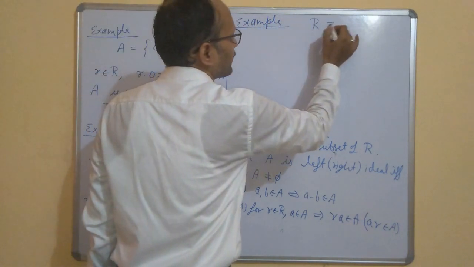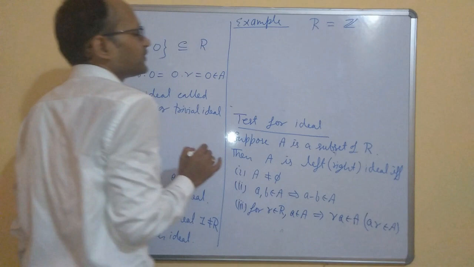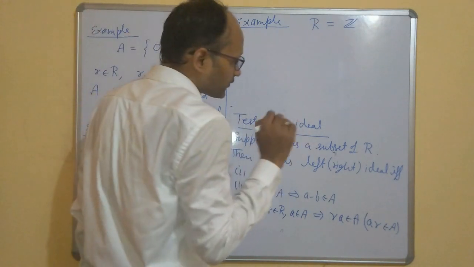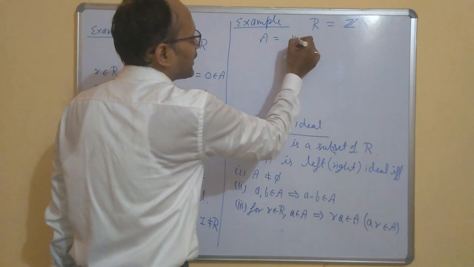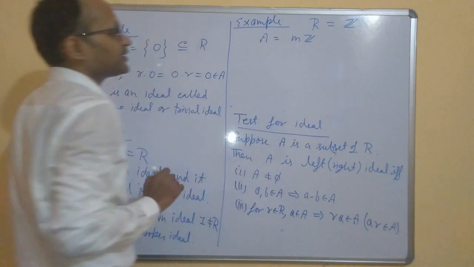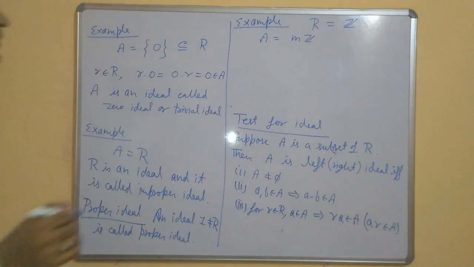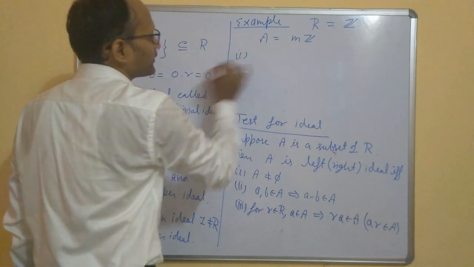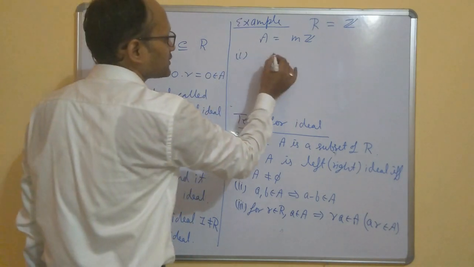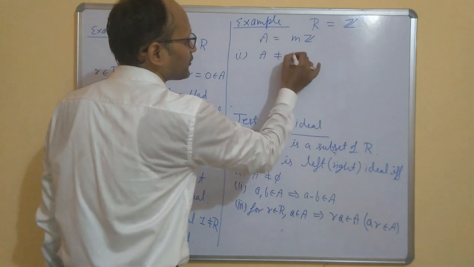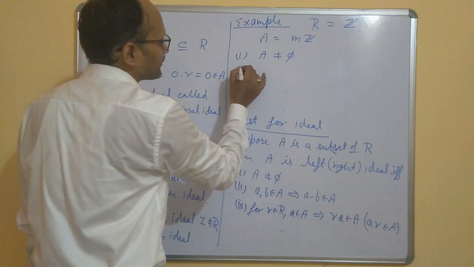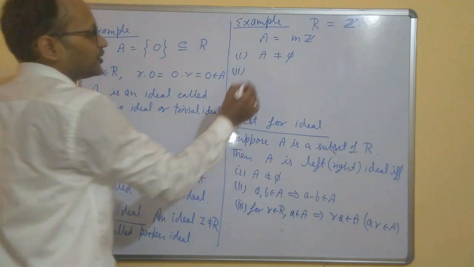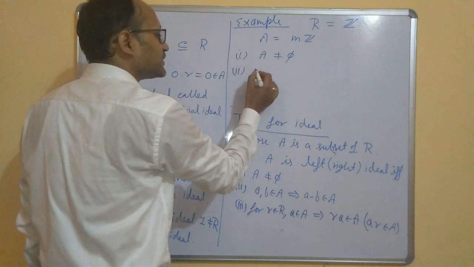take the ring to be Z, the set of integers, and we know its subrings are of the form mZ. So take a subring A = mZ and let us check whether it is an ideal or not. First condition, of course A is non-empty, A is not equal to empty set. Second condition, so take two elements from this ring.